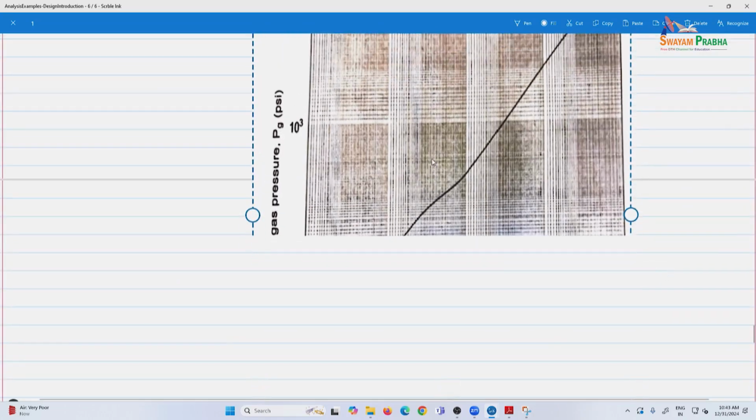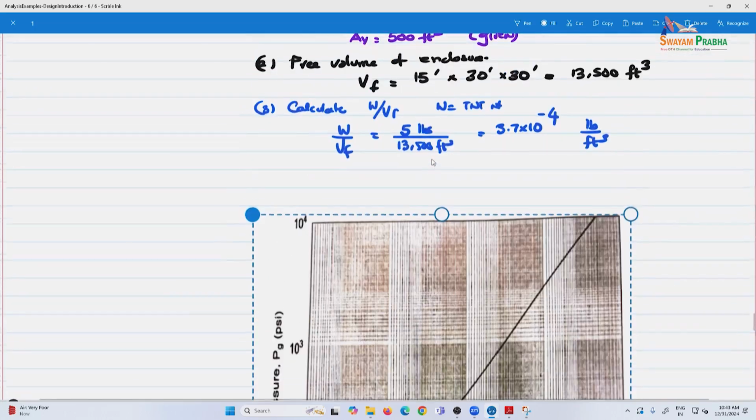Oh, I have to go to the next page, I think, right? Or maybe it will come down. Let me keep pulling it down.